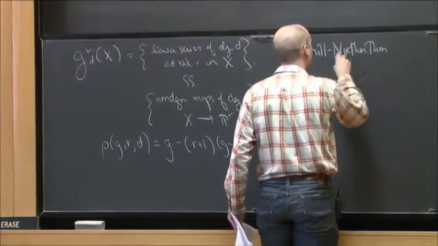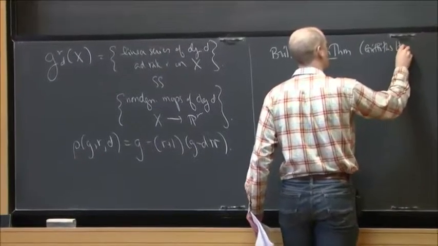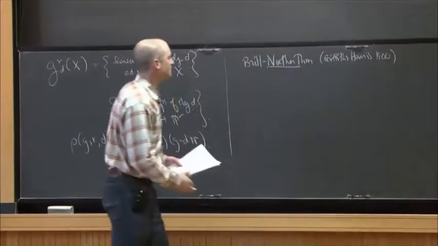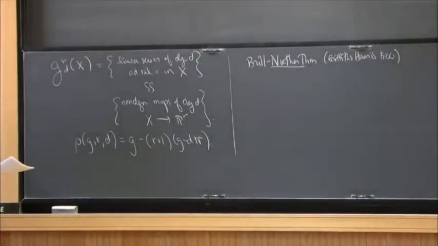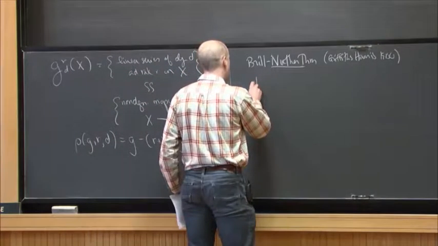The Brill-Noether theorem, proved by Griffiths and Harris in 1980. Calling it Brill-Noether theorem, it's stated in the 19th century.